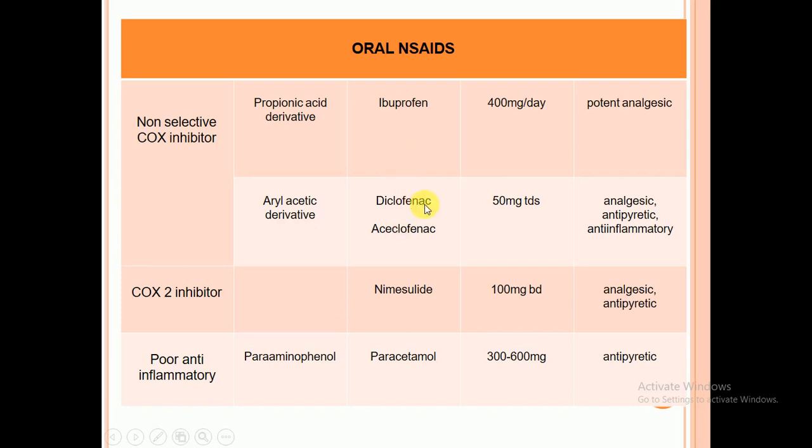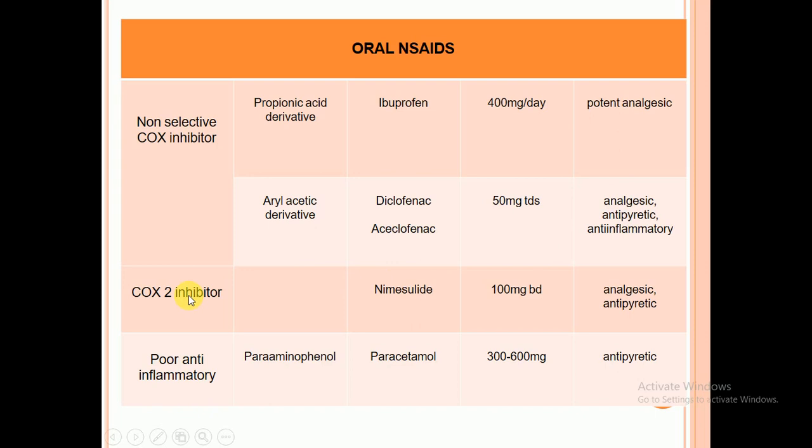These are diclofenac sodium, diclofenac potassium and aceclofenac, available in 50 milligram TDS, which have strong analgesic activity as well as antipyretic and anti-inflammatory activity.